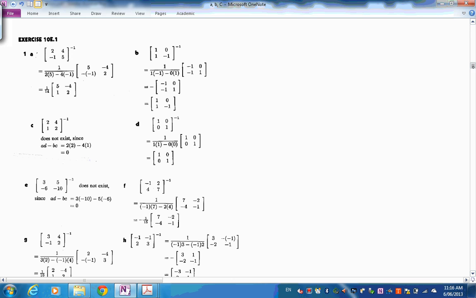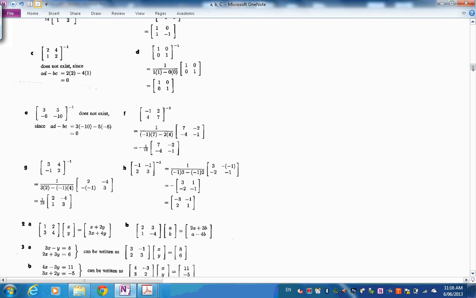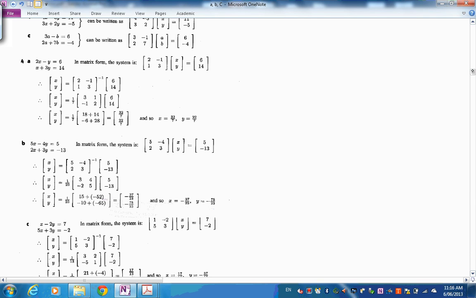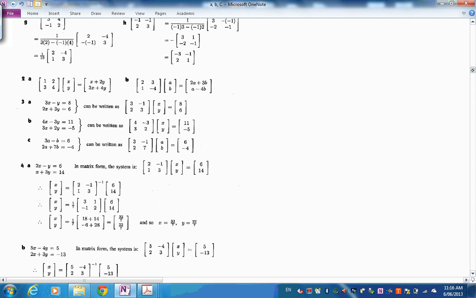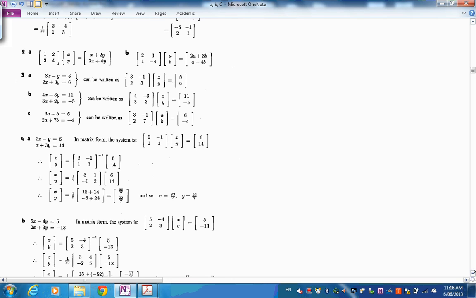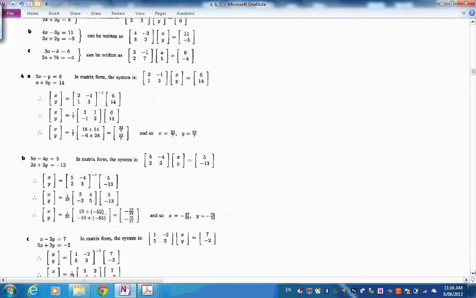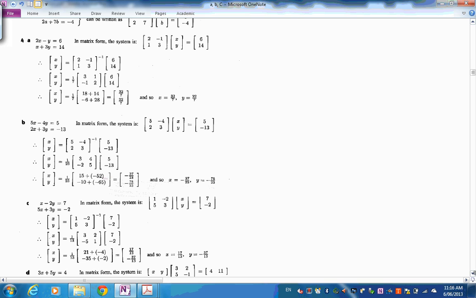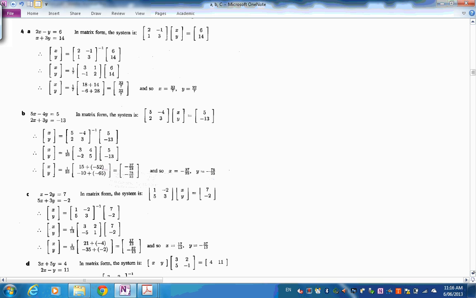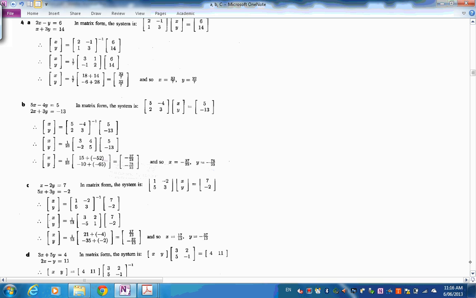So this is 10E1 from the textbook, and just watching there down to G and H in question 1. We've gone too far there, so just come up. Question 2, 3 and 4, or part of 4. So maybe just come down more slowly now. And 4, A, B, C, see if we can get them all on there. Part of D there.